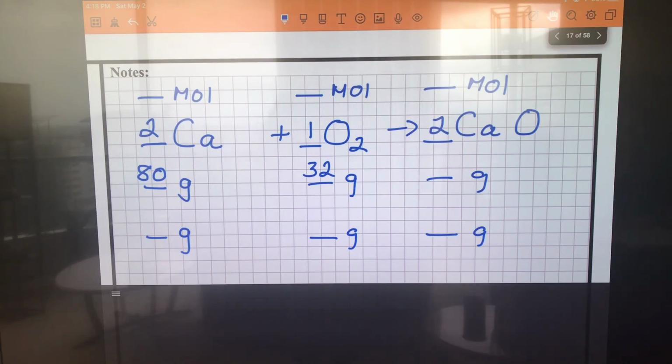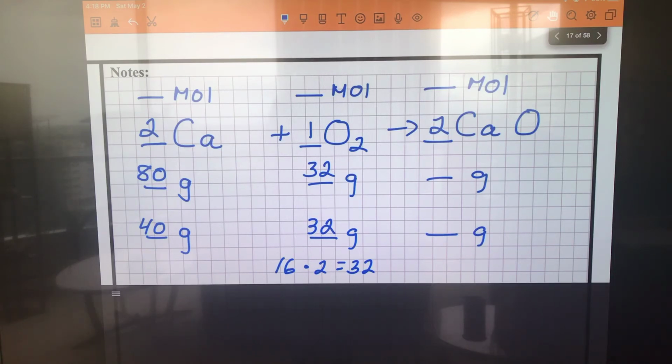All right, if you go over to your periodic table, you will see that calcium has an atomic weight of 40, and O2, oxygen has an atomic weight of 16, but there's 2 of them, so that means it has an atomic weight of 32.